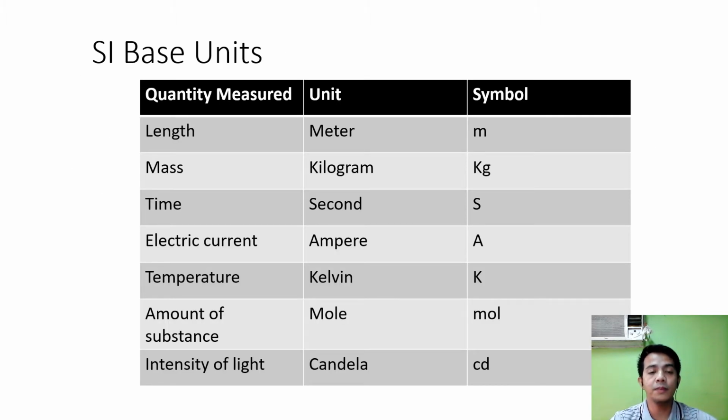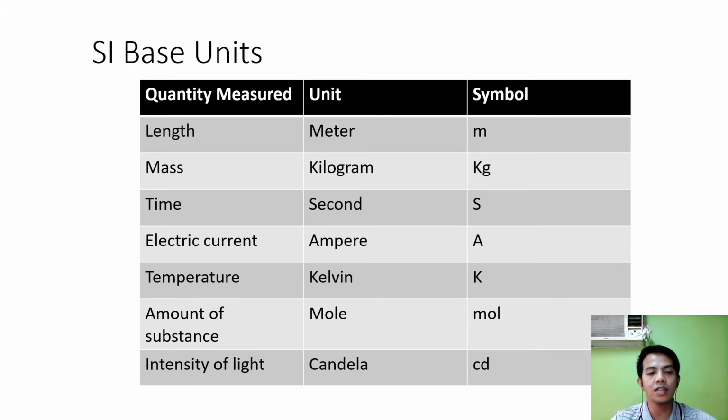These are the base units under the standard unit of measurement. We have meter for length, kilogram for mass, second for time, ampere for electric current, Kelvin for temperature, mole for amount of substance, and candela for the intensity of light. In this video, we are focusing on length, mass, time, and temperature.